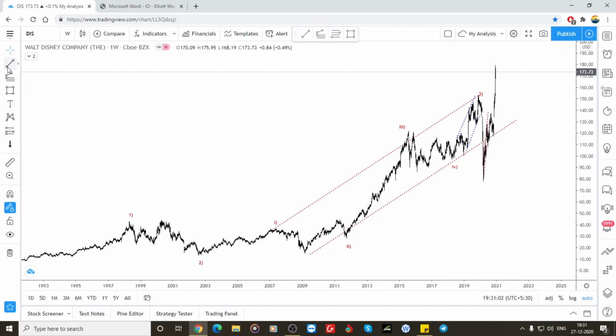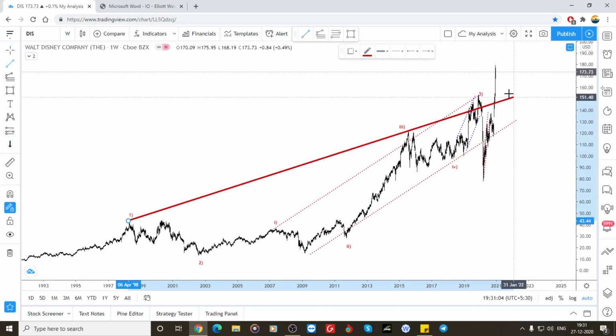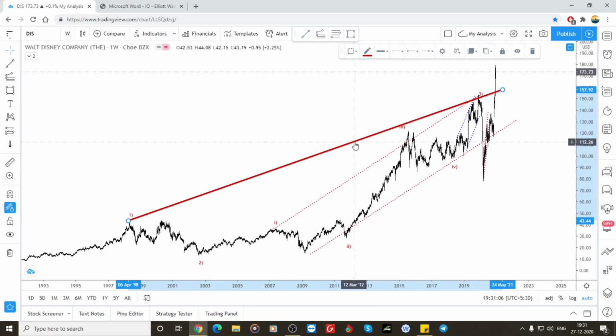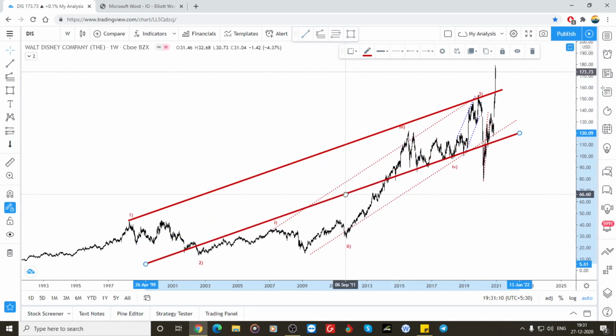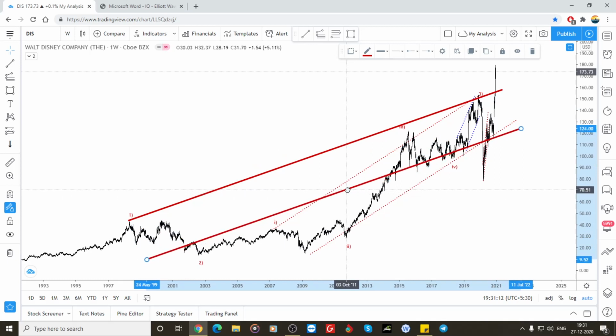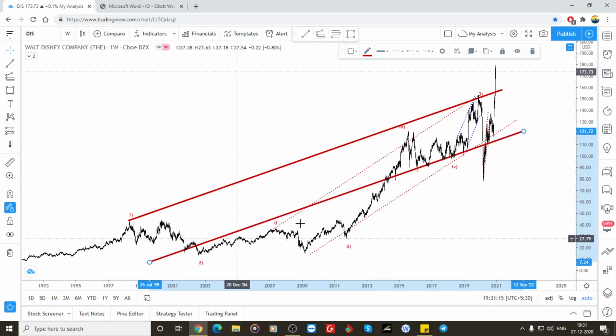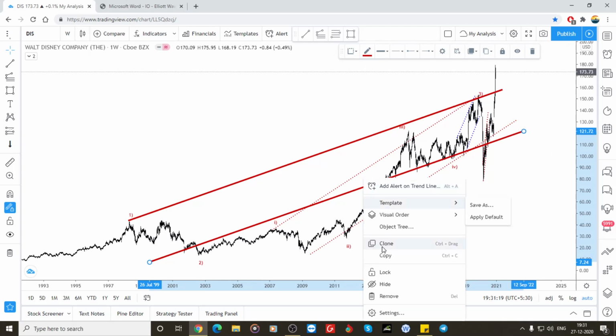So how we have to do, 1 and 3. So clone this, place it. See, this is the median line, it's taking support perfectly here and here in this zone. Again one more clone.